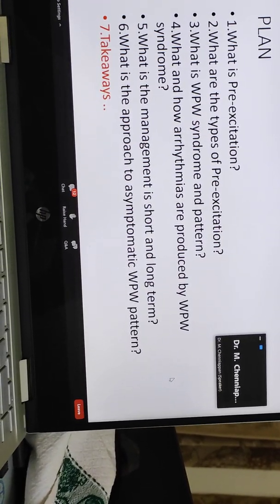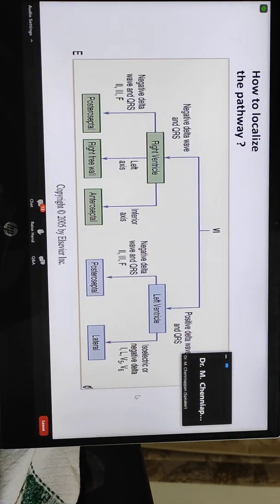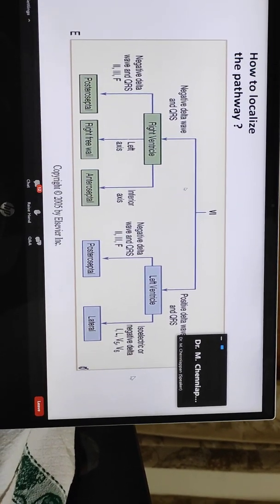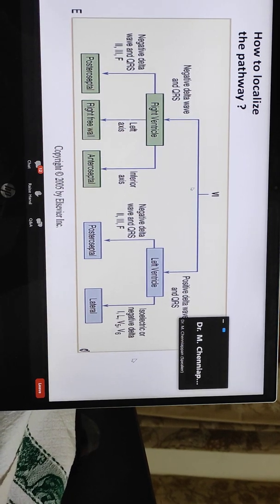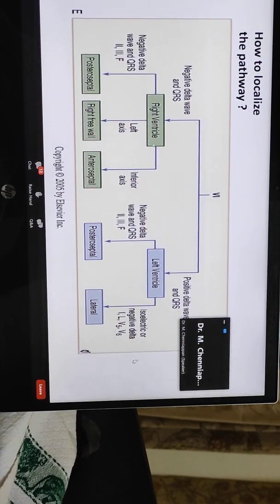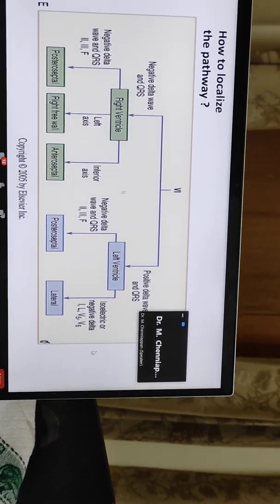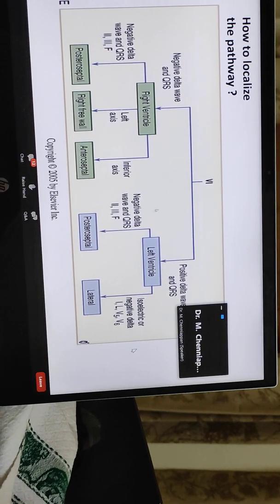Now let me give you some takeaways regarding this WPW syndrome. Many of you have asked how to recognize the location of the pathway when the patient is in sinus rhythm. There are a lot of complex algorithms, but I have followed this for a very long time, even from Braunwald, which gives a very simple method of locating the major pathways.